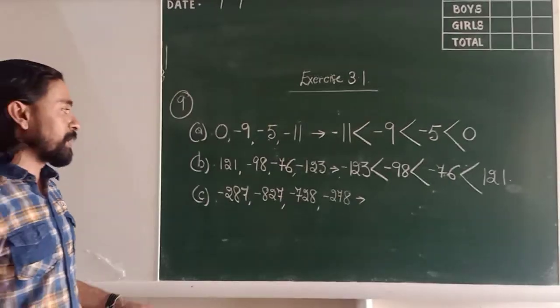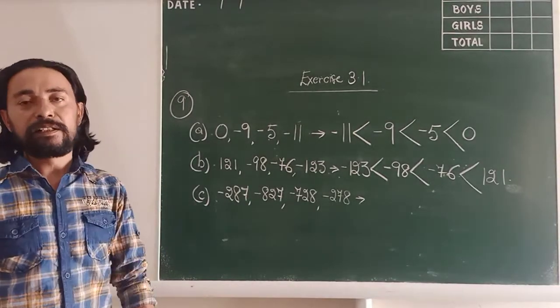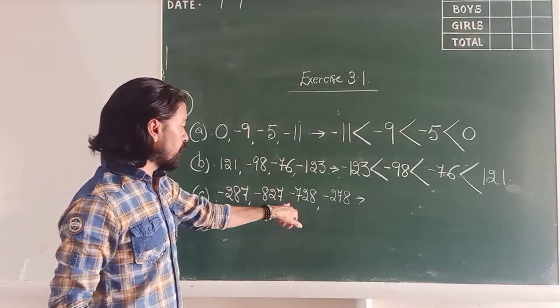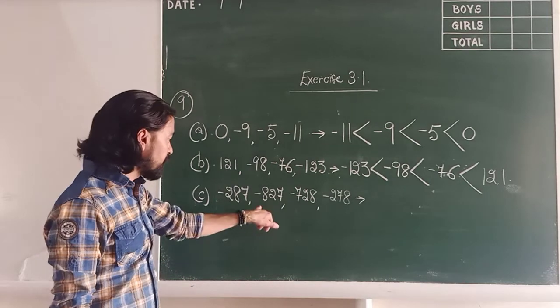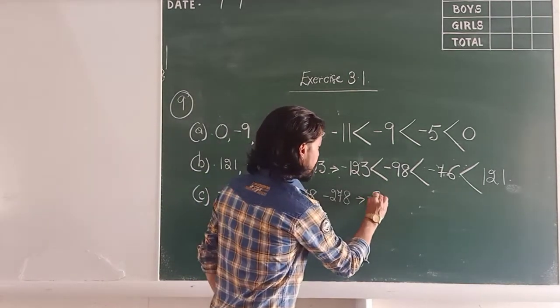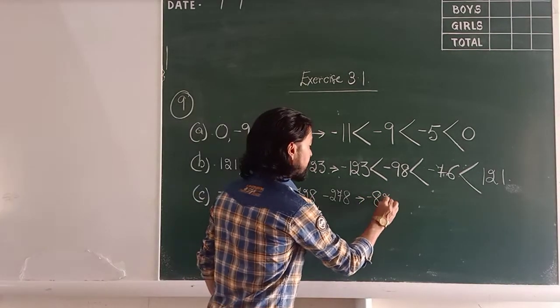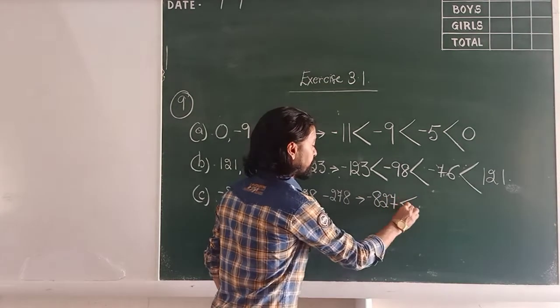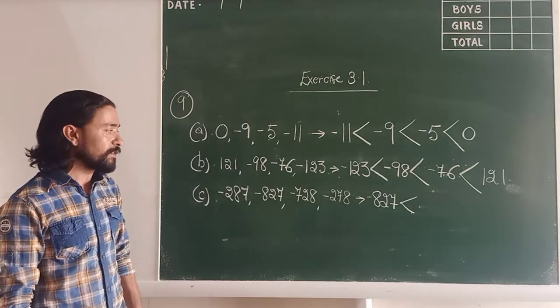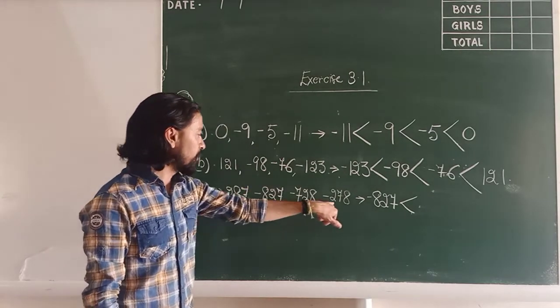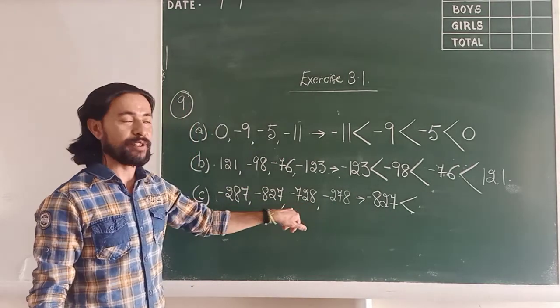So the one with the biggest number will be the smallest. 200, 800, 700, 200. So which one is the smallest? 800. Minus 827 comes first. Greater than minus 827, 8 is over. I have 7 to 2. So 700 will come next.